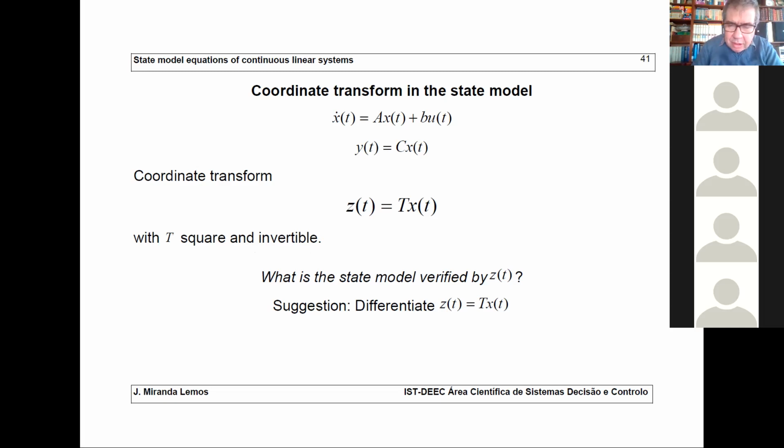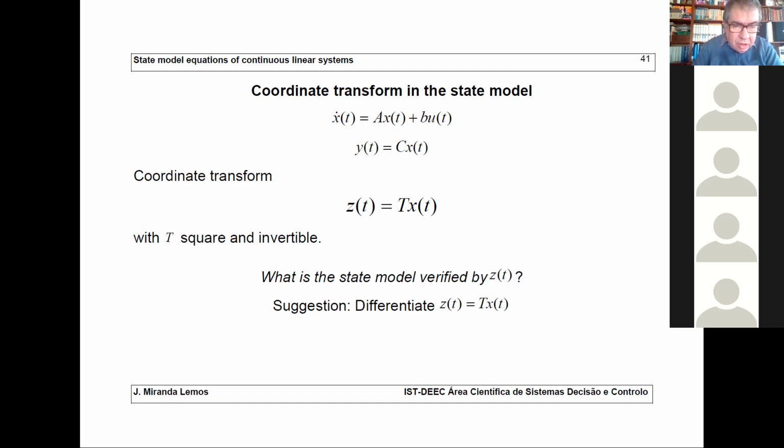And what about invertibility? You can easily go back to the original. If I have z, I can go back to x. So my challenge to you, and I will give you some minutes, is get a state model for z, which is equivalent to the state model for x, okay?